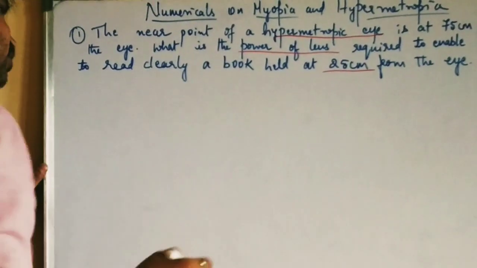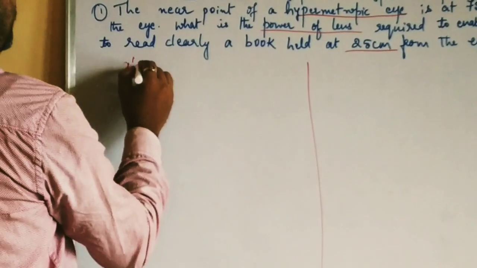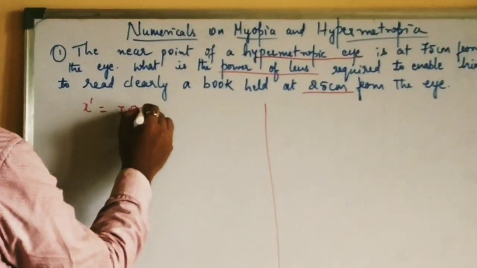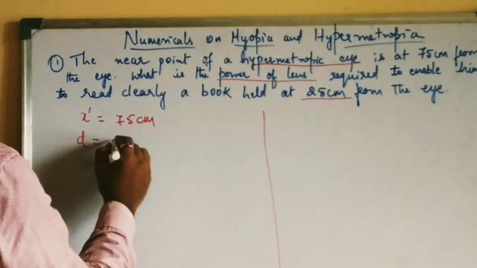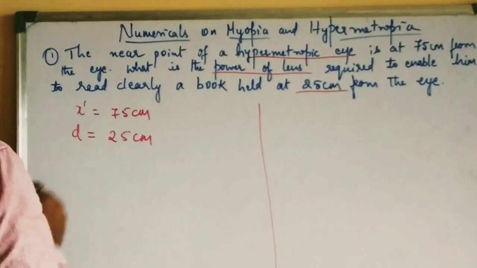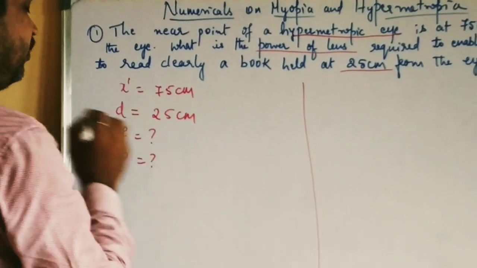Write the given data: x dash is equal to 75 centimeter, d is equal to 25 centimeter. First find the focal length, then the power.